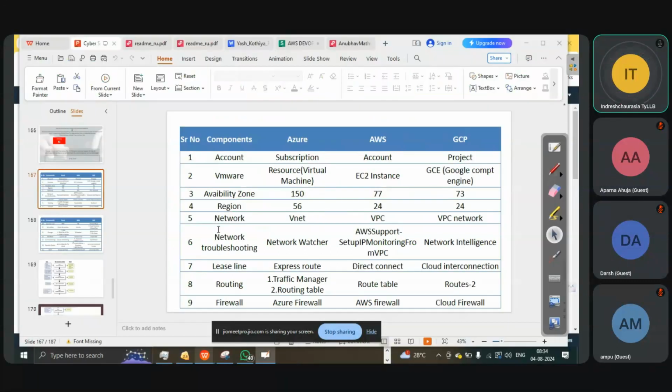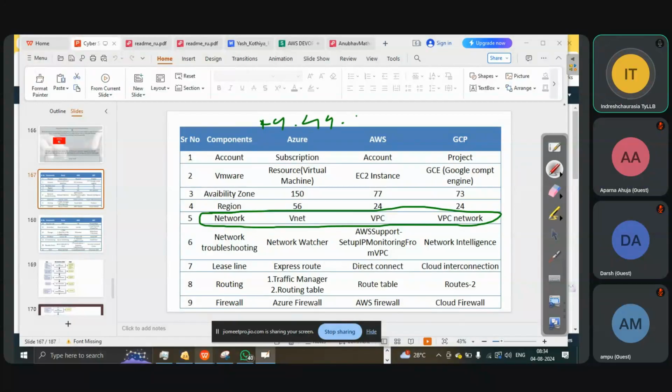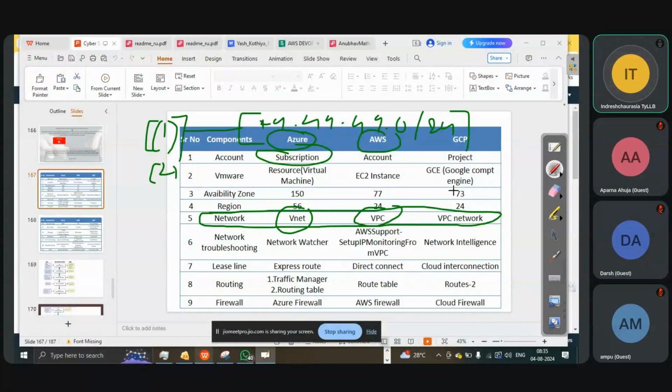Whatever IP range I assign, for example 49.49.49.0/24, will be one virtual network. Within a subscription there will be many virtual networks, one, two, three. All of these are referred to as a virtual network in Azure. In AWS, it is referred to as a virtual private cloud. In Google, it is referred to as a virtual network.